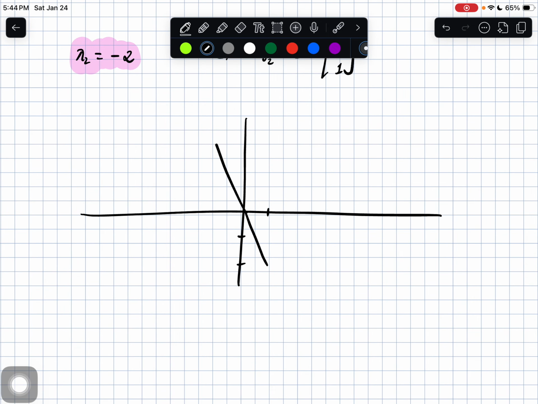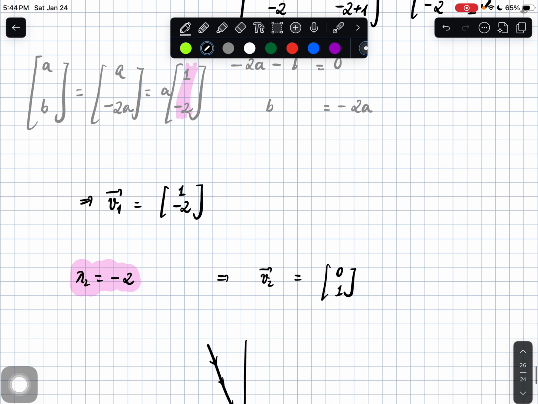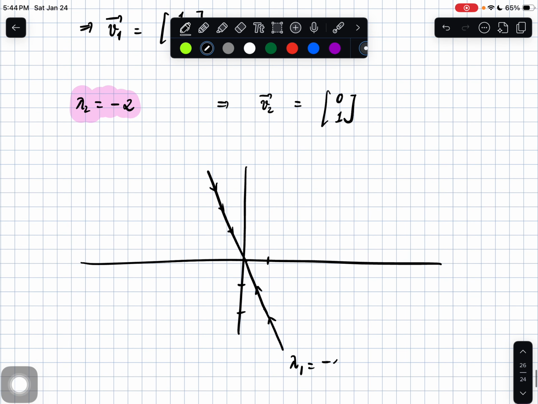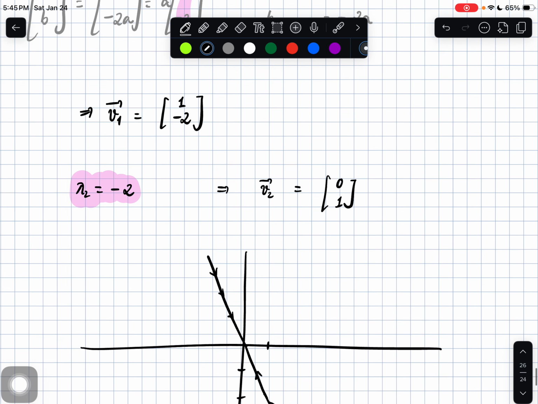So this gives us this line. And it is a sink. Both lambdas are negative, so lambda 1 is minus 1. V1 is here, 1, minus 2.